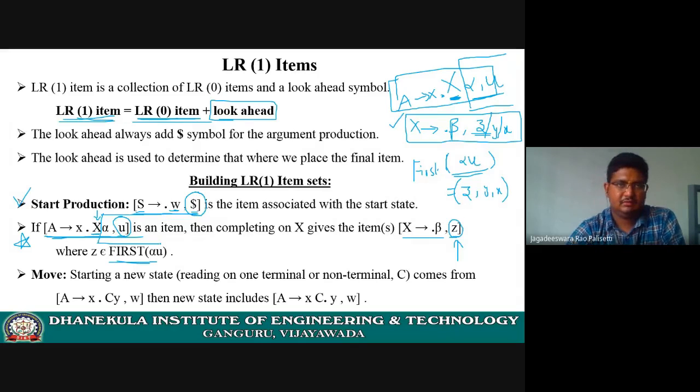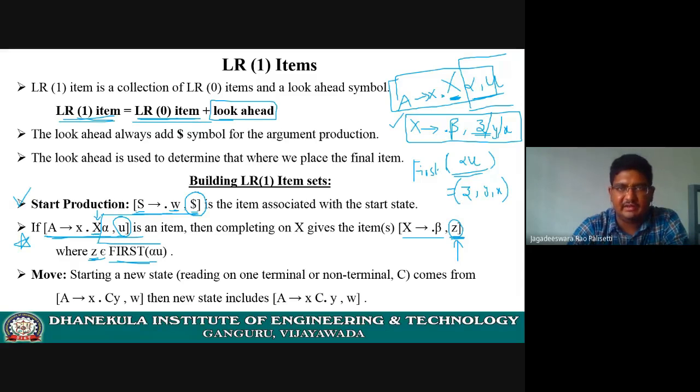What is meant by first function? We take one particular production rule and its RHS. What is the first terminal we have, the leftmost? That is considered the terminal of the first function. For example, if Z is the first function of alpha and u, then this Z can act as a look ahead. Here we write it.